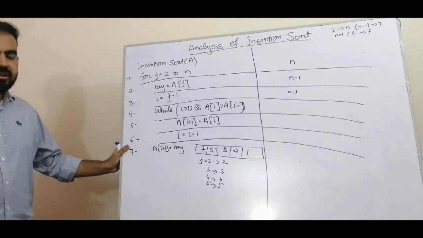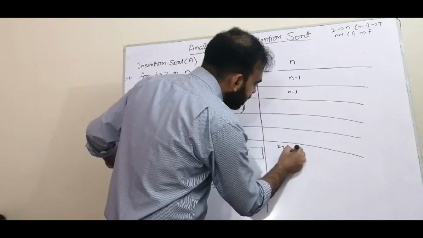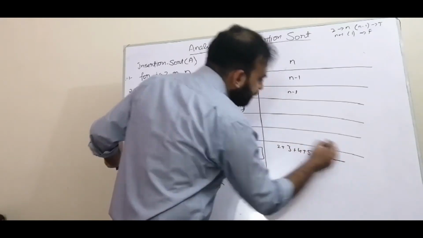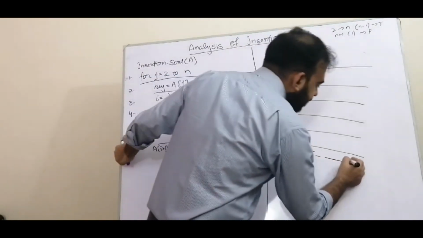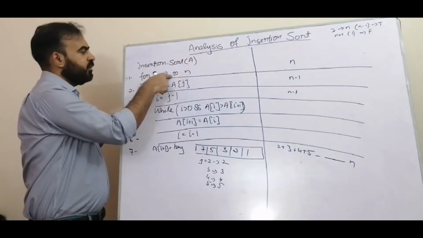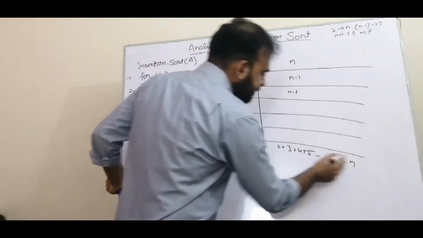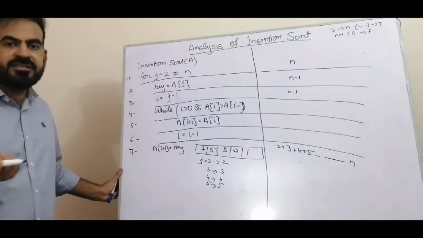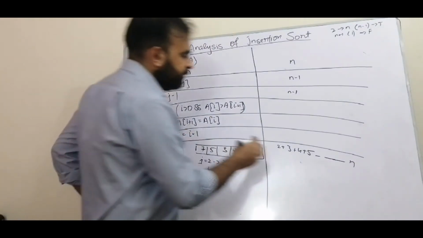So how many times in general? So the series is moving from 2 plus 3 plus 4 plus 5 up to where? n. Why? Because the last value of j will be n. So we can find the sum of this series because we know that the sum of first n natural numbers is n into n plus 1 divided by 2.